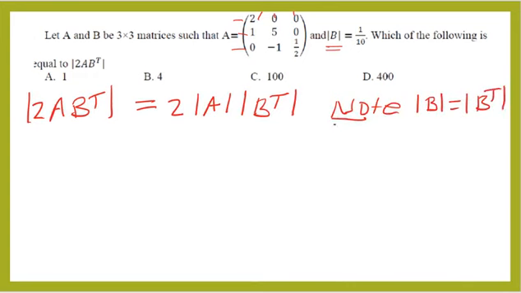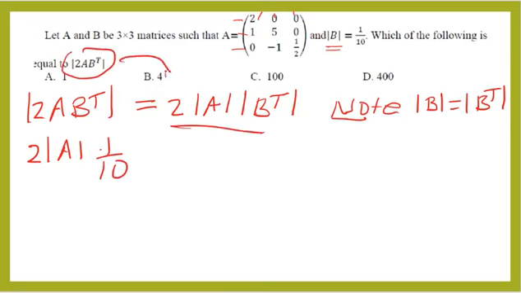A given matrix and its transpose have the same determinant for a square matrix. So the determinant of B transpose is given to us already. So we can say 2 times the determinant of A times 1 over 10. We can write this expression; this is the same as what we are asked.